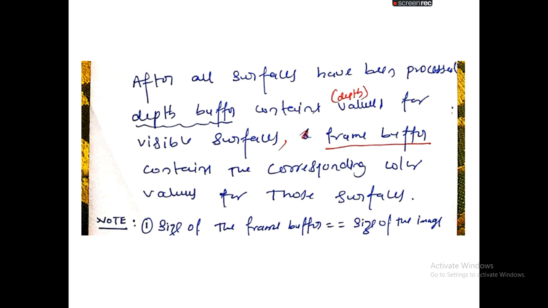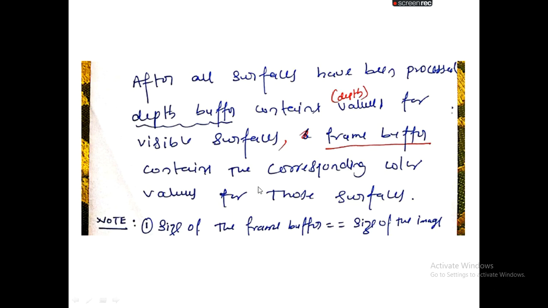What is the content of the depth buffer and frame buffer? Finally, the frame buffer contains the corresponding color values for those surfaces. What I am saying is, finally the frame buffer contains the color information of the front surfaces of the object. Whichever object is closer or visible to the observer, those surfaces' color information is stored in the frame buffer at the end.